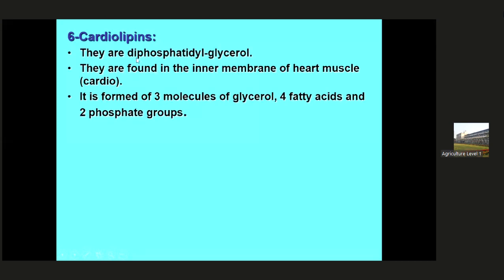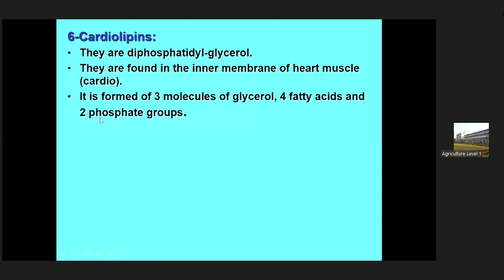And it is diphosphatidyl. Phosphatidic acid contains 1 phosphate group. As it is diphosphatidic acid, it contains 2 phosphate groups and 3 glycerol. And these 2 phosphatidic acids will link with 1 glycerol. So 1 phosphatidic acid contains 1 glycerol, 2 phosphatidic acids contain 2 glycerol.